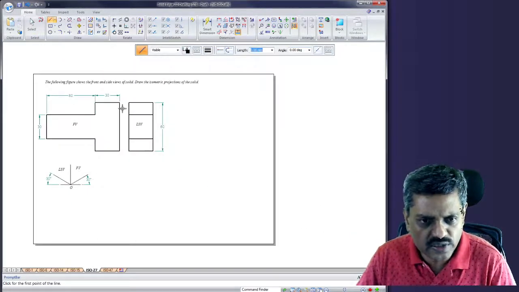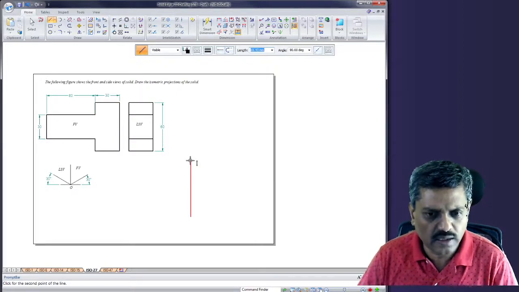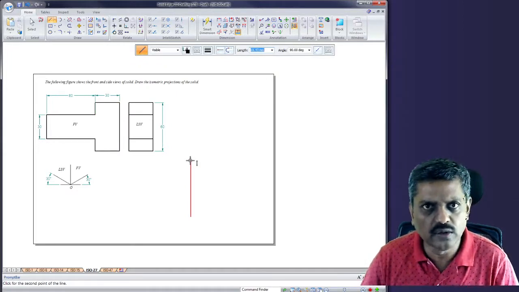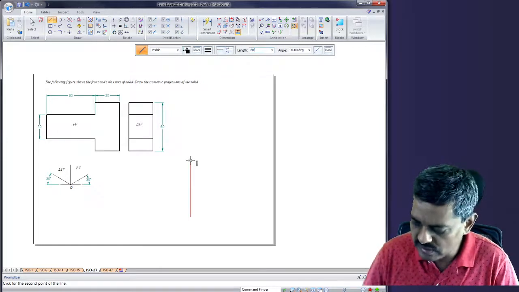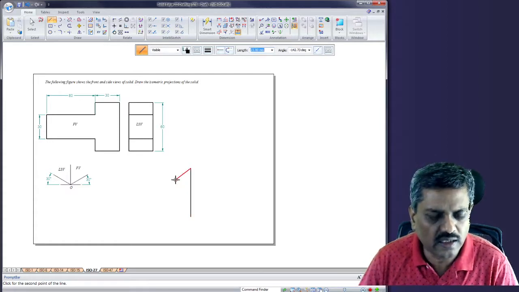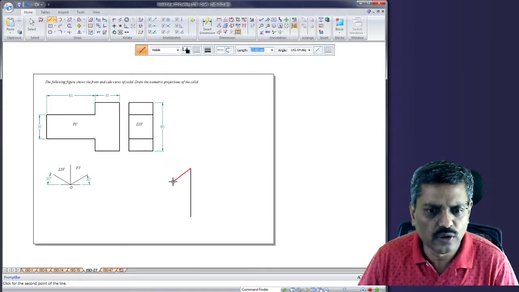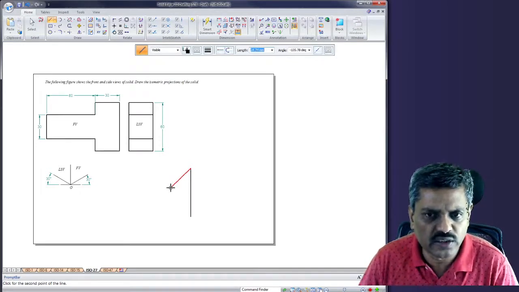So you know the dimensions. So this is 60, 30, and then this is 15, this is 60, this is 30. I think nothing more than that. So vertical line I'm going to draw. You can start anywhere. There is no issue with that. So that is going to be 60 at 90 degree, and then the horizontal edge whenever it comes, it should be parallel to 30-degree line or minus 150-degree line. So you see that this should be minus 150.